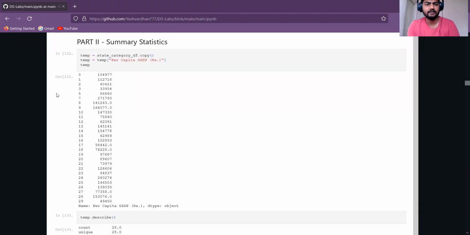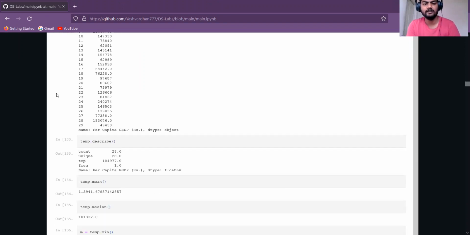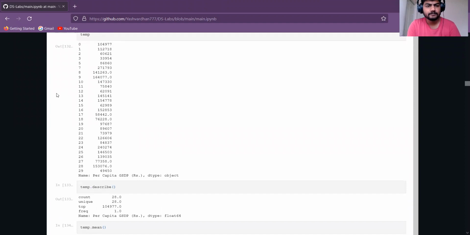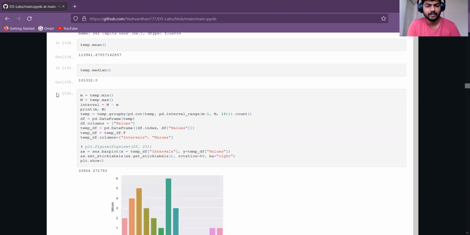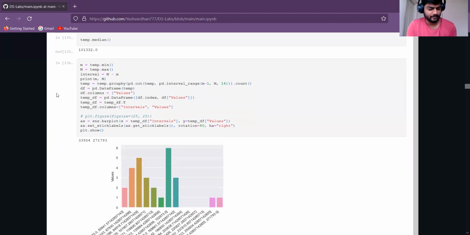And then we basically use the summary statistics: what are the mean and the median values, and then we calculate the bar plot.